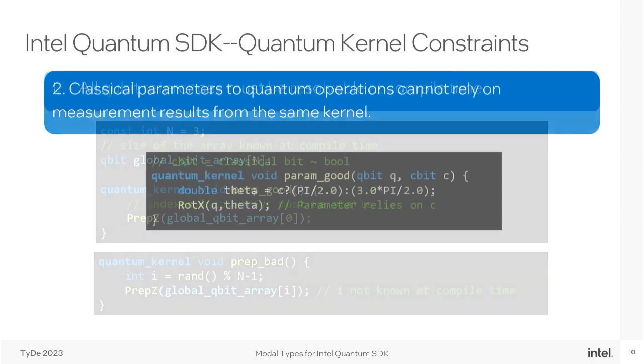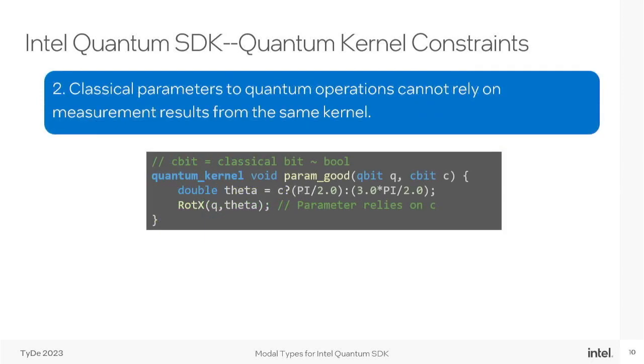Okay. So the second rule says that classical parameters to quantum operations cannot depend on measurement results from the same kernel. So to see what that means, let's consider this quantum kernel, which has a single quantum gate, rot x, which is an x rotation.